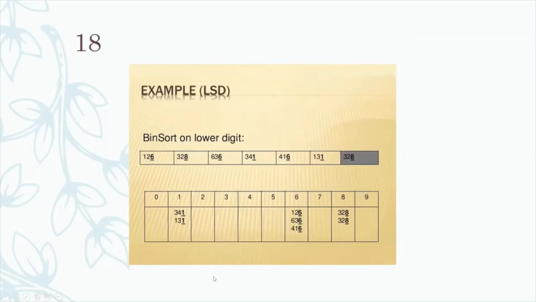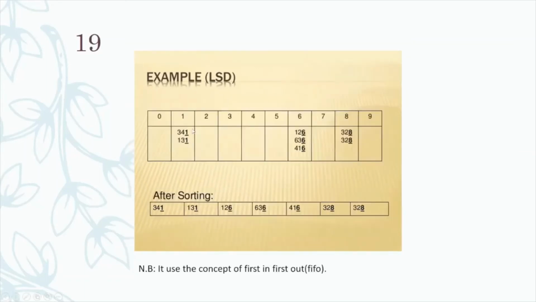Then we have to ensure that we go backward, as I previously mentioned, because if we do not go backward, then 131 will come before 341. That means if we put the value in the bucket first, it will be first after sorting.